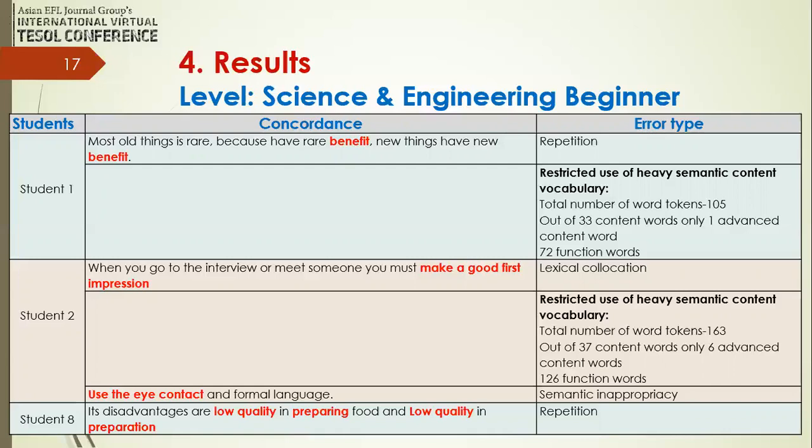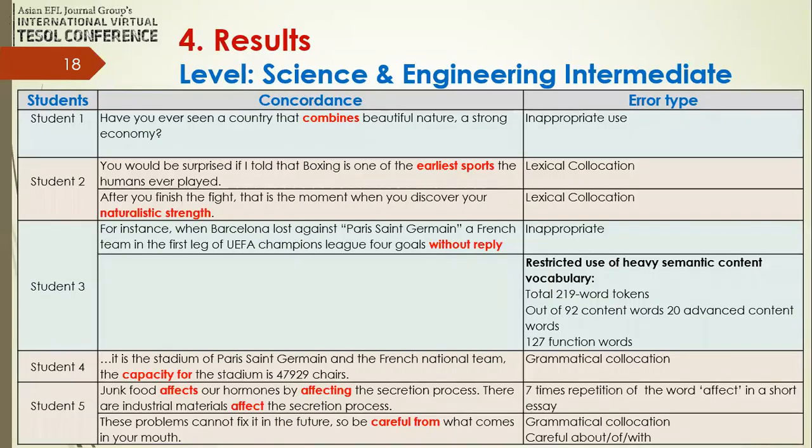This is for science and engineering beginner. If we go to science and engineering intermediate, we can observe almost the same thing. Look at the error type: inappropriate use, lexical collocation, lexical collocation again, inappropriate use of words, restricted use of heavy semantic content, grammatical collocation. Look at the 7 times repetition of words, grammatical collocation.